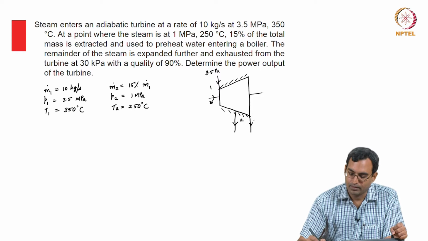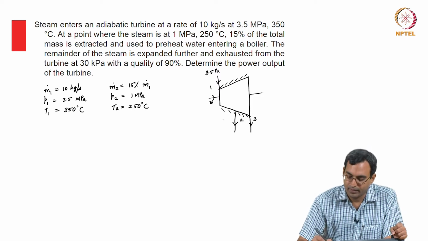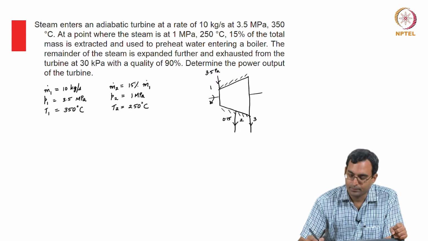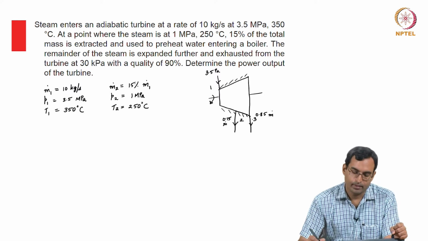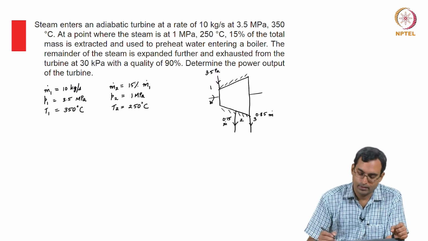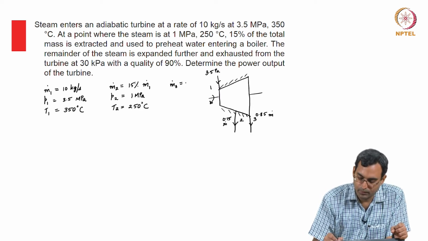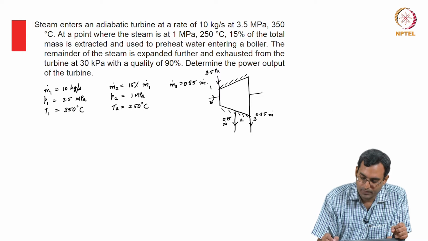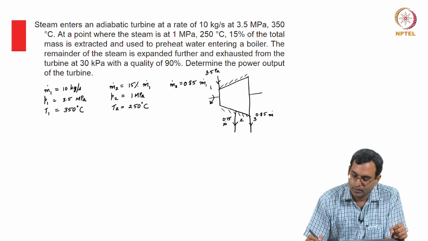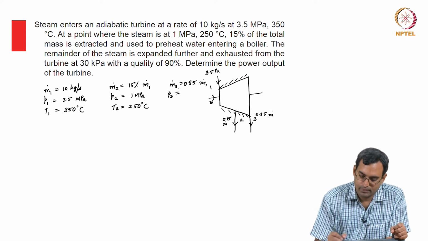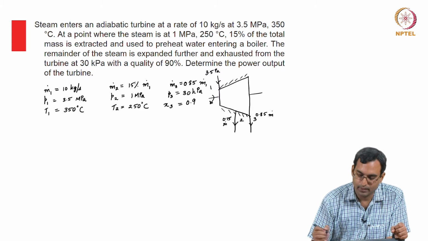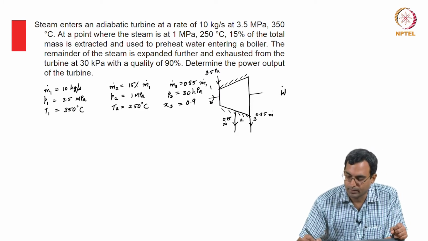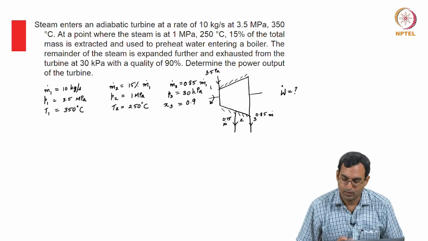So 0.15 m dot goes here, and the remaining 0.85 m dot is expanded till some point 3, where m dot 3 is 0.85 times m dot 1. The pressure at 3 is 30 kilopascals, and the quality at 3 is 90%, which is 0.9. We are asked to find W dot. So we now have all of this information here.